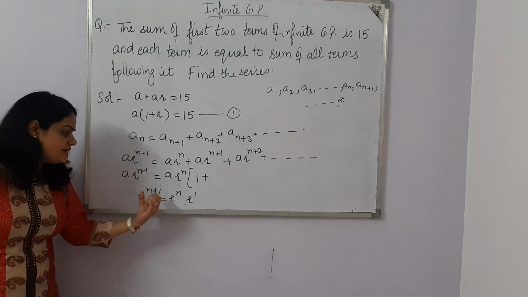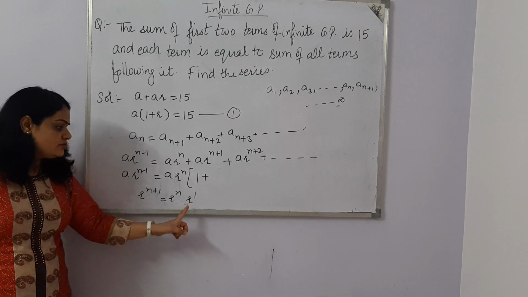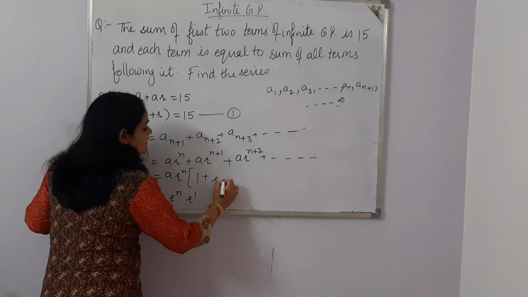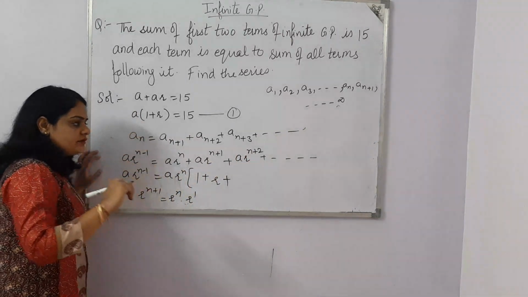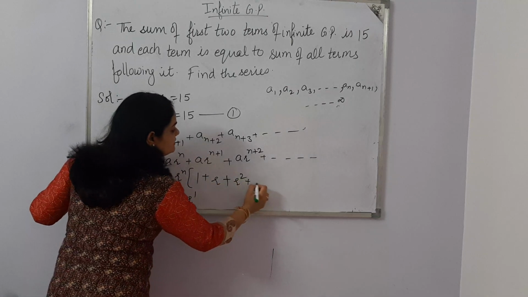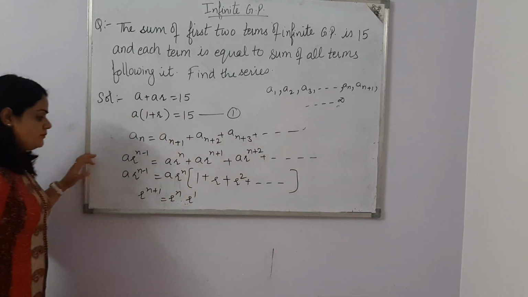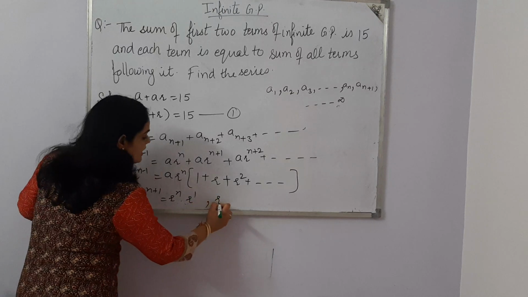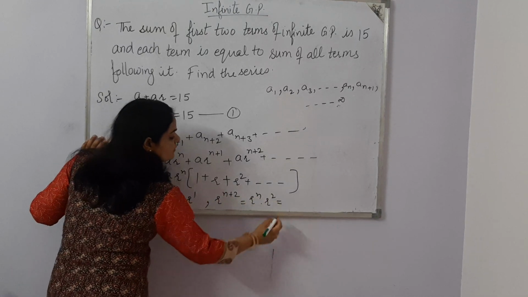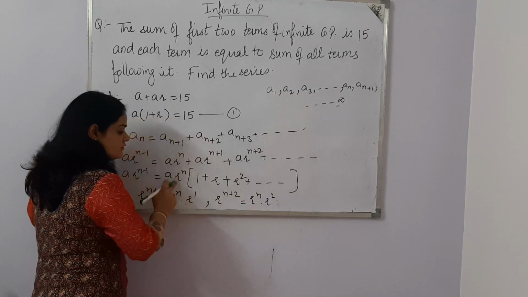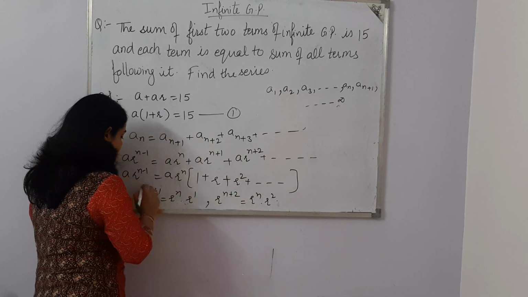R to power n I have already taken as common, so what is left behind is R. Then R to power n plus 2 is R to power n into R to power 2. If R to power n is already out, that means R square is inside.